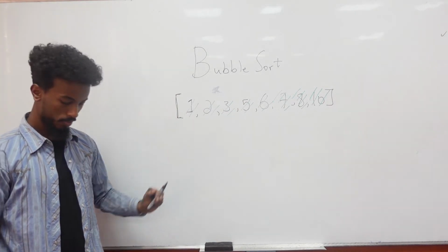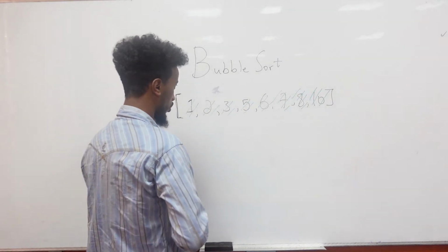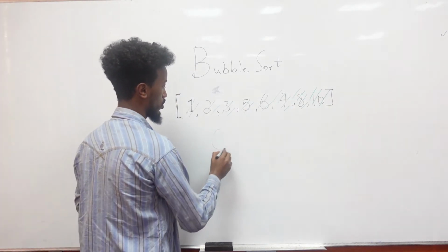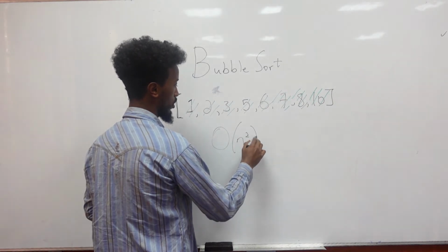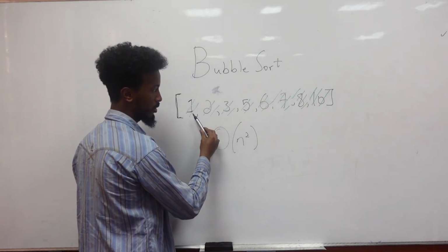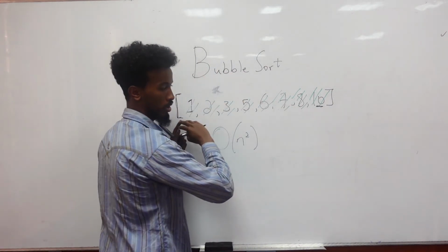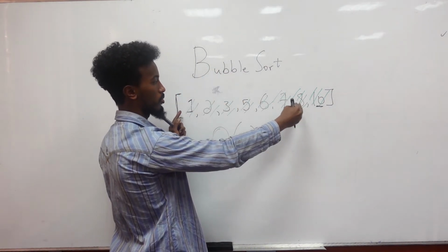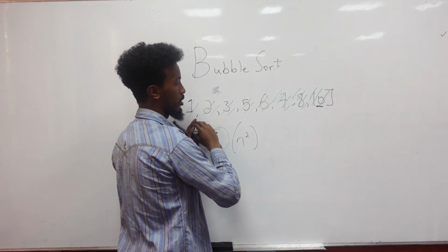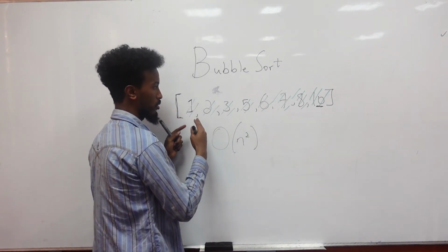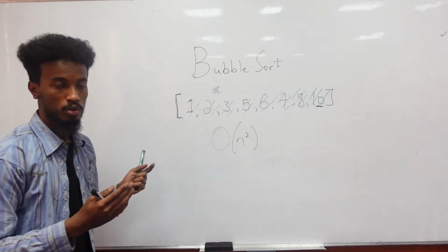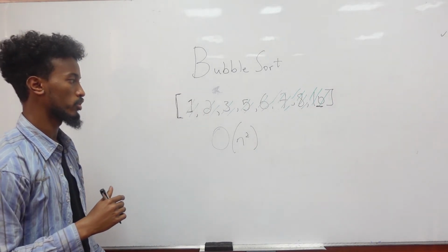This is bubble sort. And the time complexity for bubble sort is order of n square. Because on each iteration, we are trying to move the largest element to the last position, and for the remaining ones we do this until the array is sorted, or we reach the final position.